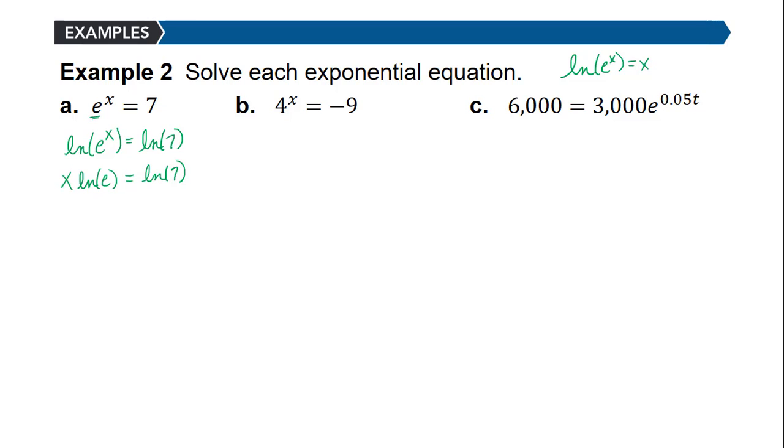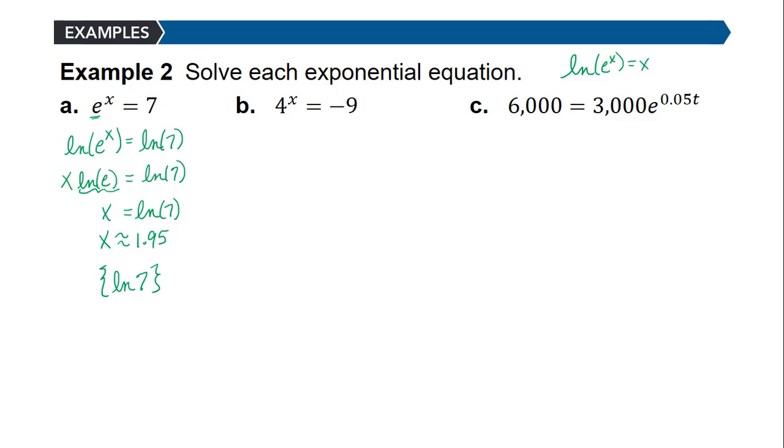But remember that the natural log of e means what is the exponent of e that gives us e, and that is just 1. So x times 1 is x equals the natural log of 7. You could use your calculator to approximate that value, and it would be approximately 1.95. But the exact answer is the natural log of 7. So in our solution set, we'll have the natural log of 7.